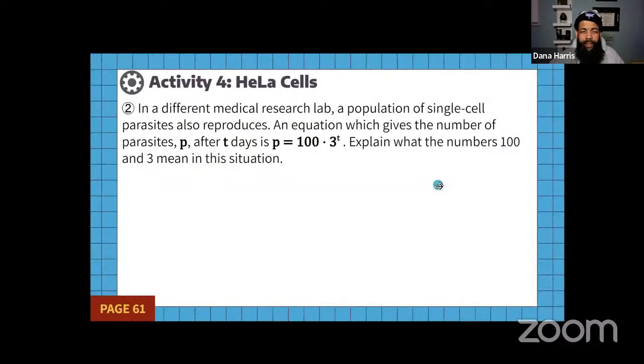And we got another question on activity 4. So notice it says, in a different medical research lab, a population of single cell parasites also reproduces. The equation which gives the number of parasites P after T days is P equals 100 times 3 to the T power.